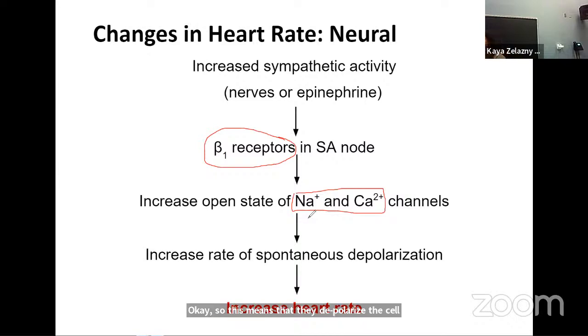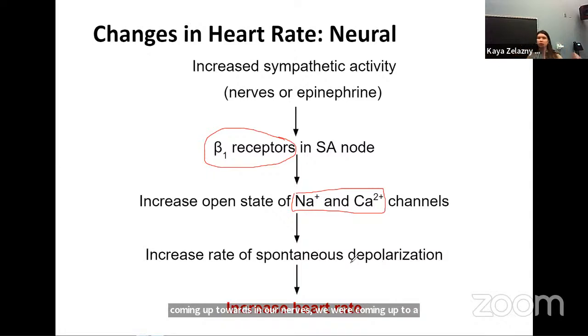Our cells usually have a resting membrane potential that is negative. The number we like to use is like -70, right? So as we have these cations, these positive ions come in, we depolarize. So we're coming closer to zero, coming up towards, in our nerves, a threshold, right? That's what depolarization is.